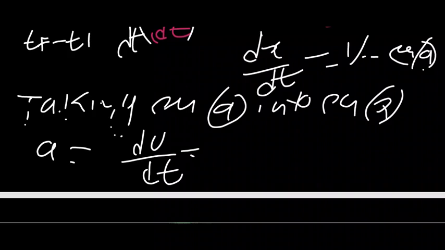Since acceleration is changing, you can also denote this in this way. You can also write this as changing from this to that if you want.